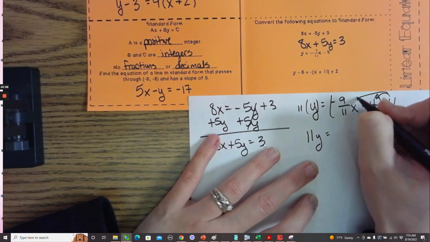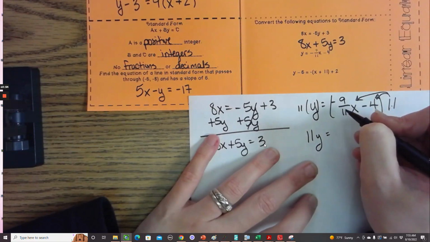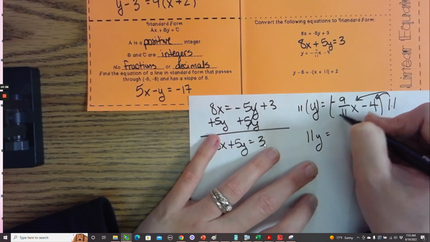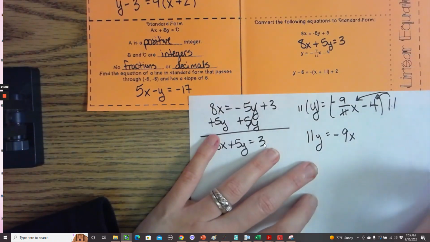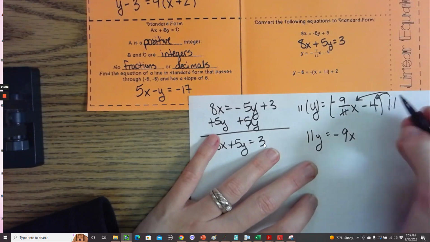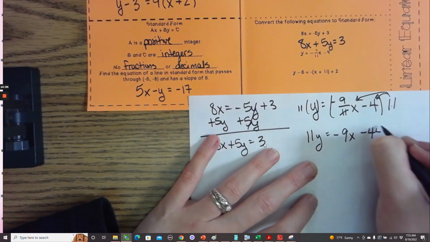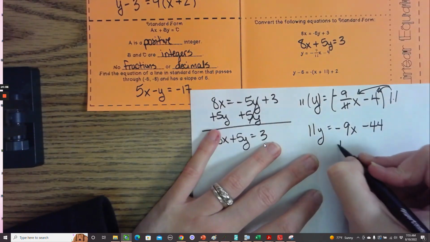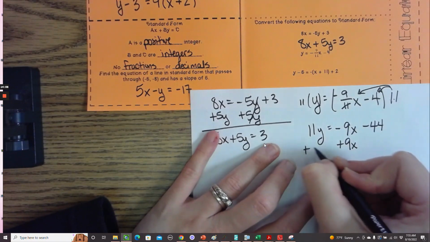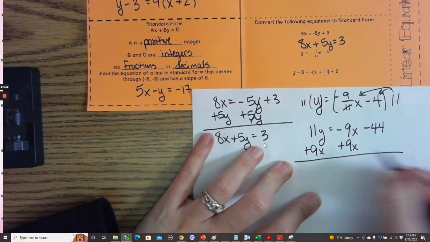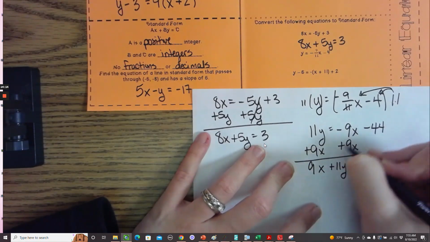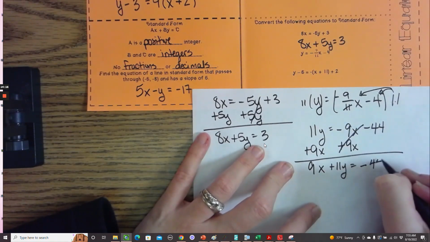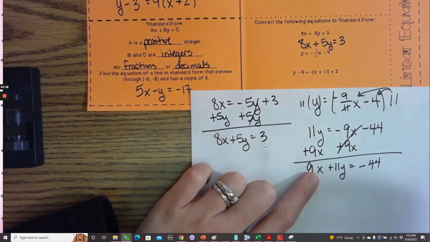Distribute the 11. So 11 times -9 over 11 is just going to cancel the denominator, and I'm left with -9x. -4 times 11 is -44. And then now all I have to do is move my x. I'm moving my x because it's negative and I need it to be positive. And I need the x to come first in standard form.